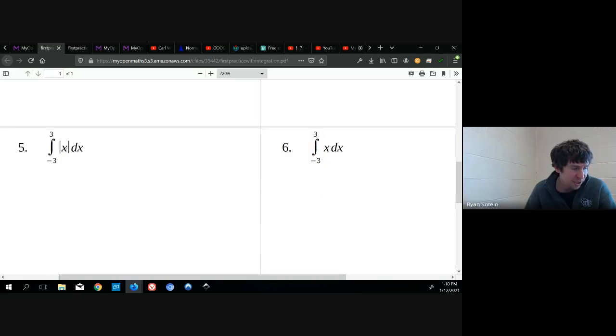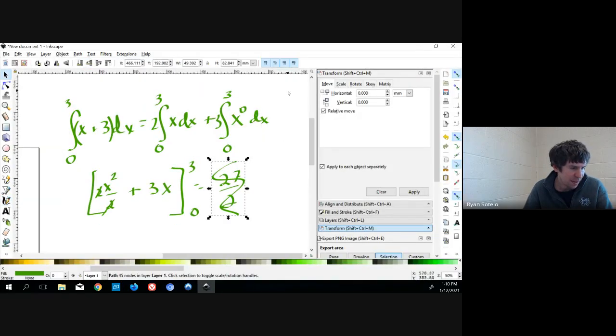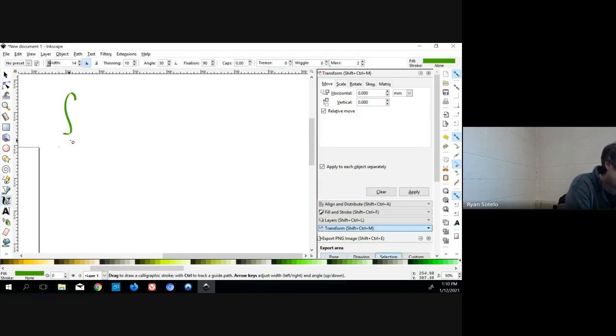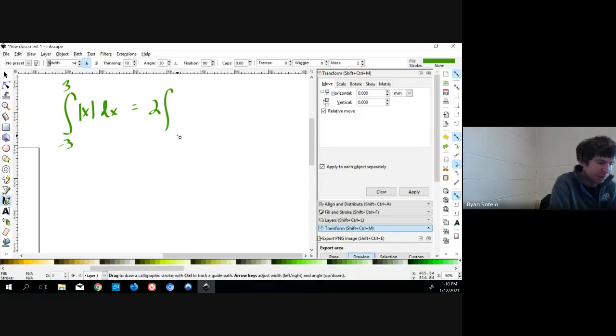All right, with the absolute value, you would just do it like the integral of x. So I guess I'll show you. We just did x a couple times, so it's not that bad. You would just know that in the negative range, if you're going from negative 3 to 3 of absolute value of x dx, that's going to be twice the integral from 0 to 3 of x dx.